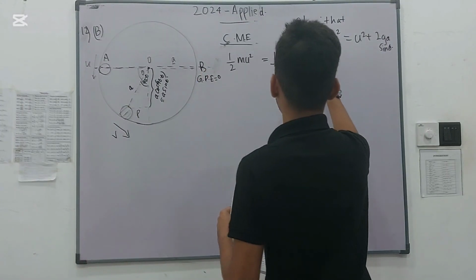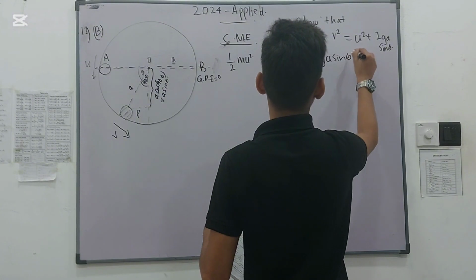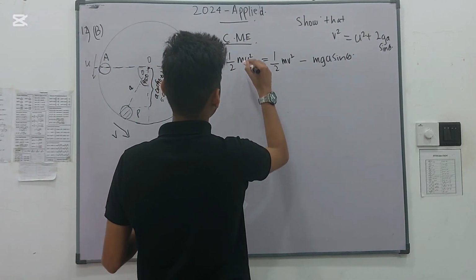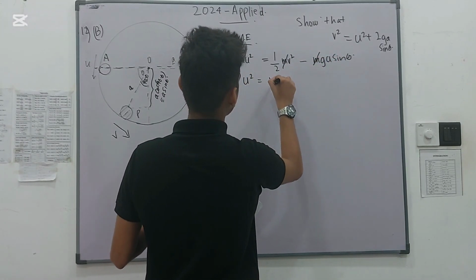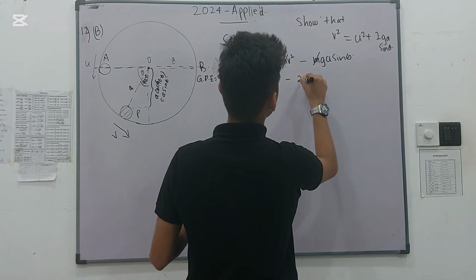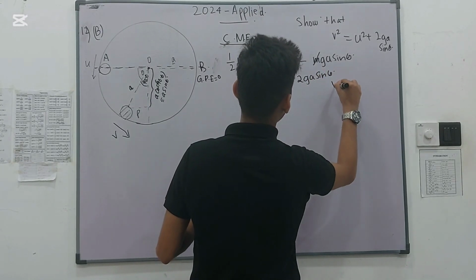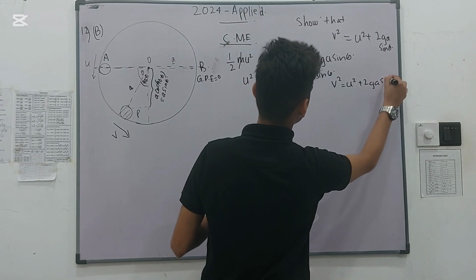So we could say minus mg a sin theta. Let's multiply this by 2 and cancel m. We can say u squared is equal to v squared minus 2ga sin theta. And there we go, we have v squared is equal to u squared plus 2ga sin theta.